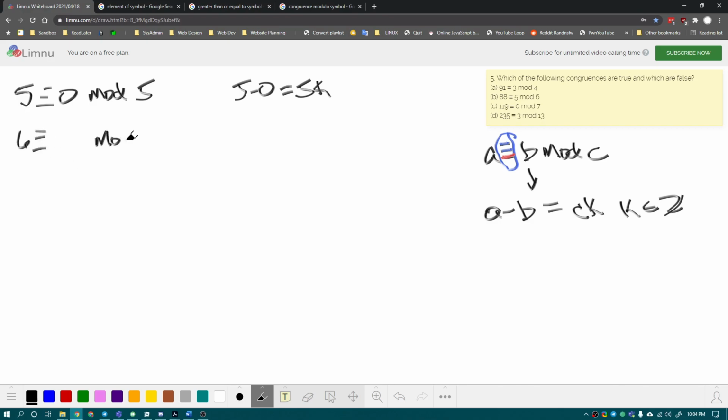That leaves me with this equation: 6 minus x is equal to 5k. This is sort of unintuitive to me, but this needs to be 1, or it needs to be 6, like some multiple of 5, there has to be a 5 plus 1 here. So this is going to be 1.